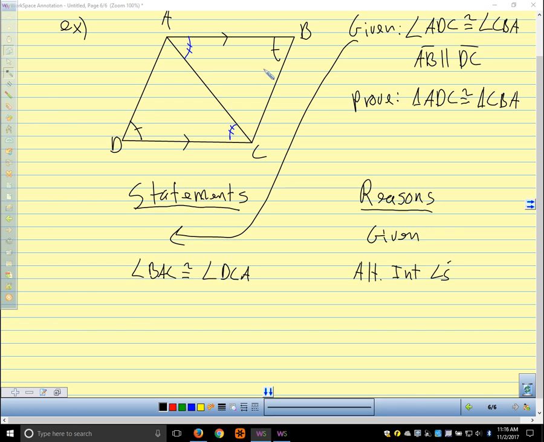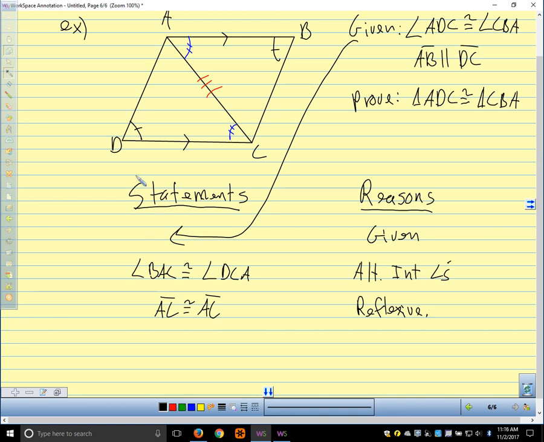They're congruent. It's the same segment, right? So that is congruent to itself. Segment AC is congruent to segment AC. And do you remember that reason? Yeah? Reflexive. That comes up a lot when we're talking about triangles, the reflexive property.